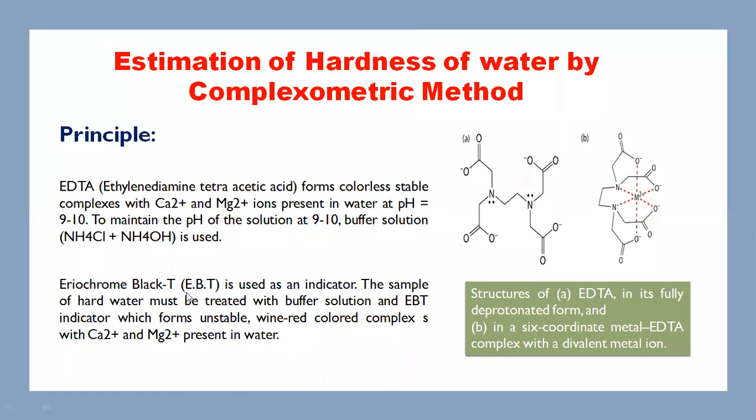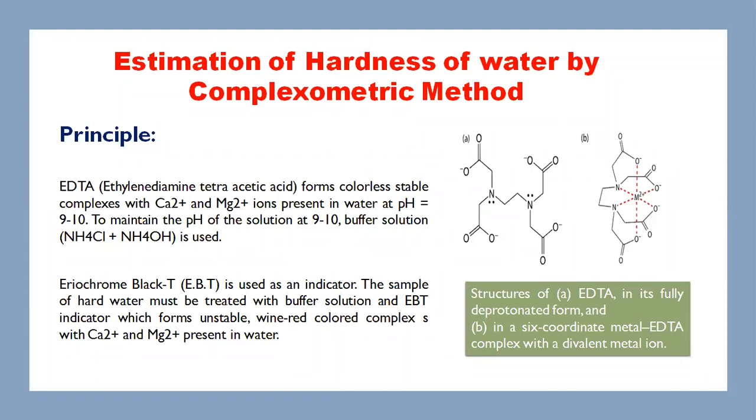Now, Eriochrome Black T is used as an indicator. The sample of hard water must be treated with buffer solution and EBT indicator, which forms unstable wine red colored complexes with calcium and magnesium ions present in water. So what happens?